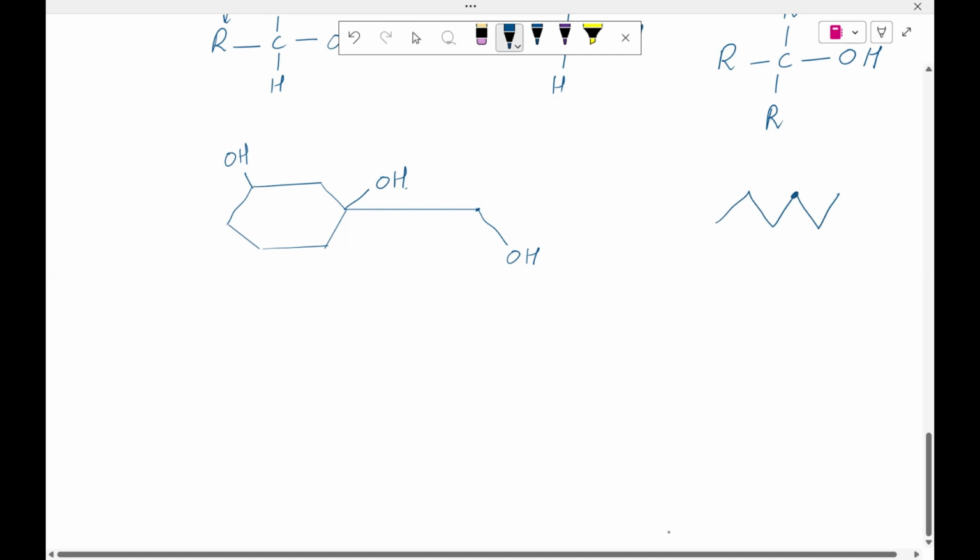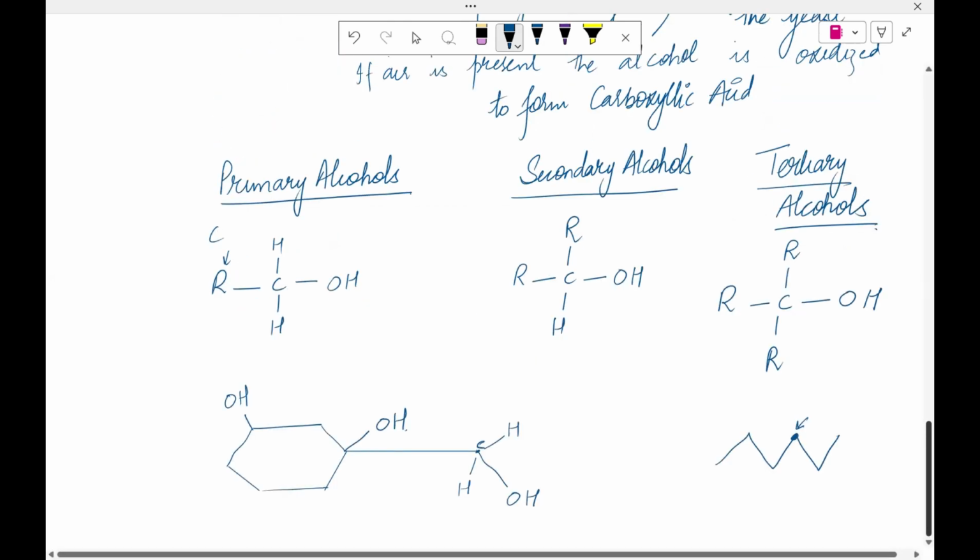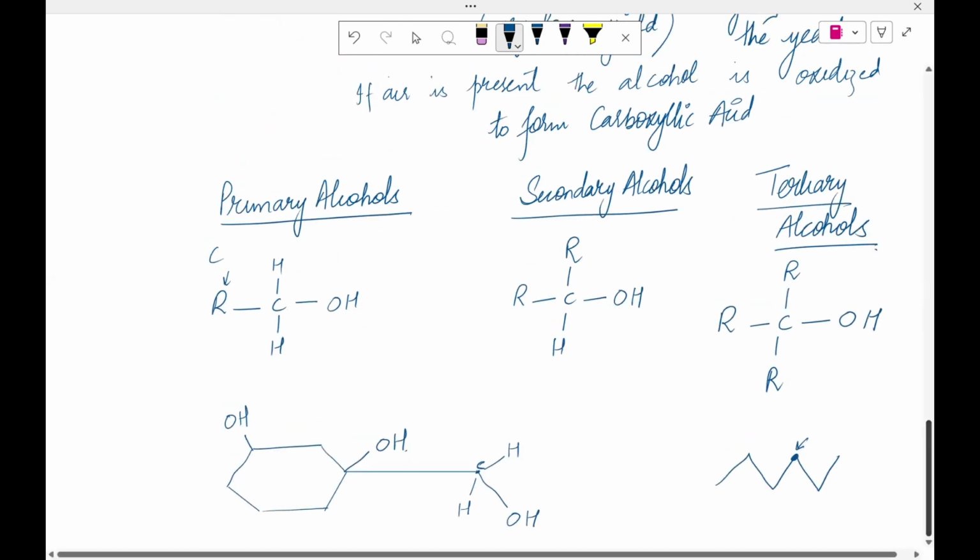Hydrogen. How many hydrogens would be there? Two. Great. So we know that there is one carbon here and two hydrogens here. Is that clear? So we know where we are having two hydrogens and one carbon group.